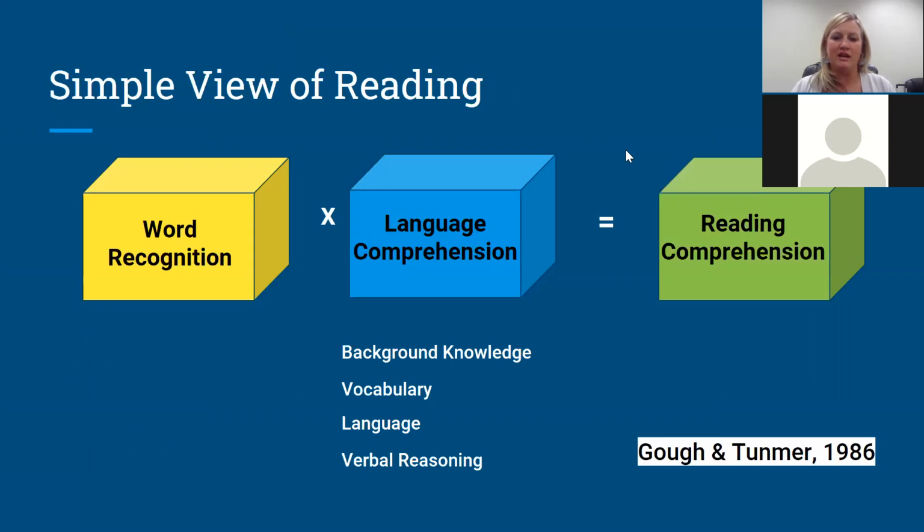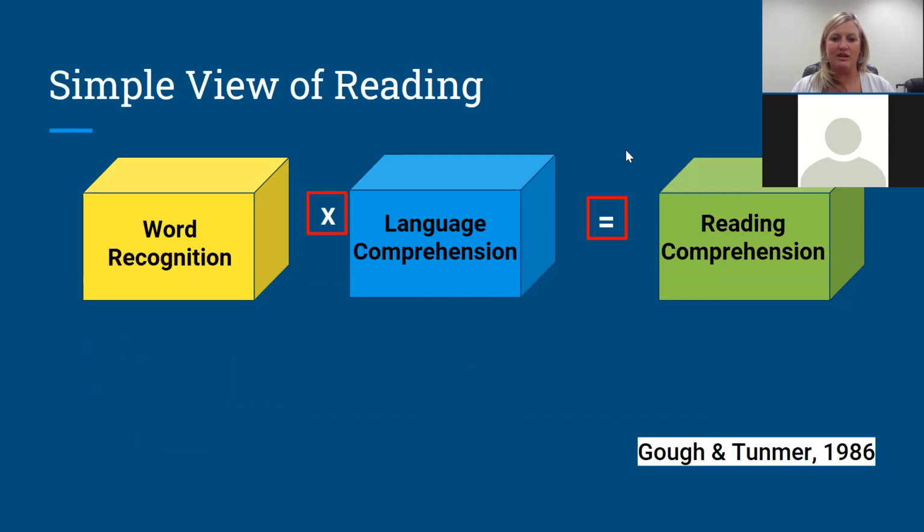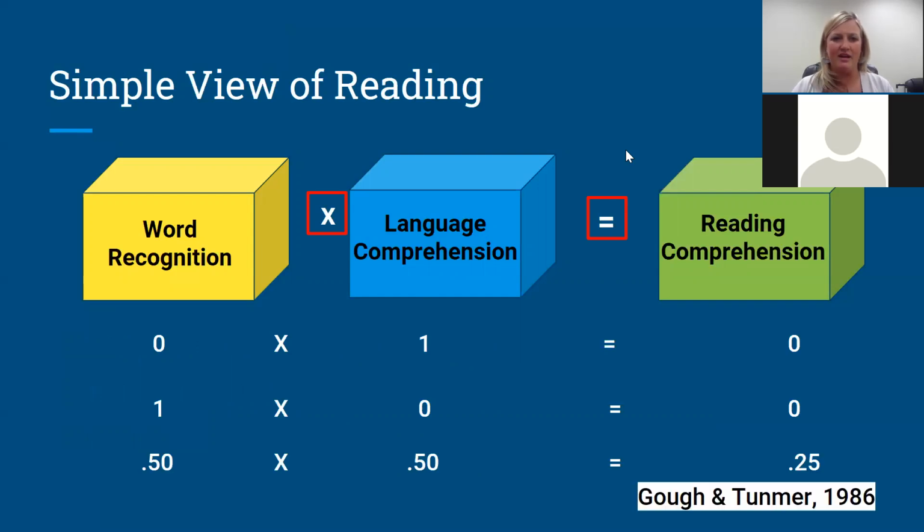And that's going to become important as we talk about this simple view of reading. Ultimately, putting the word recognition in combination with the language comprehension, we will ultimately find ourselves with readers that have reading comprehension. But again, like I said, you have to have a multiplier, not just one or the other can stand alone.